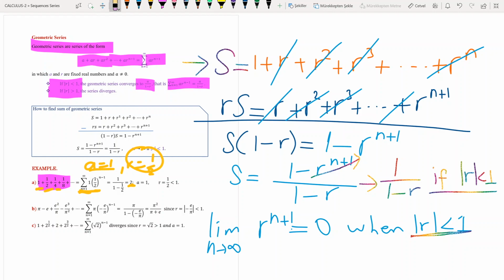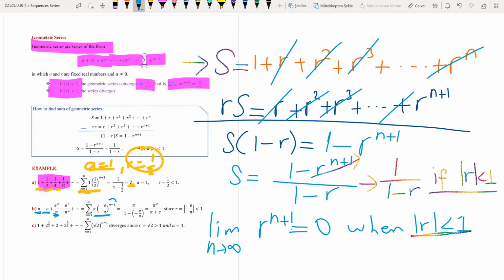So I suggest that you first write something and check whether it is right or not. For n equals 1, for instance, let's check. We have pi times minus e over pi to the power 0, which is 1. So we have pi. It's good. For n equals 2, we have minus e over pi times pi, which is minus e. So we get the second term. For 3, if you check, we get the third term, and so on.